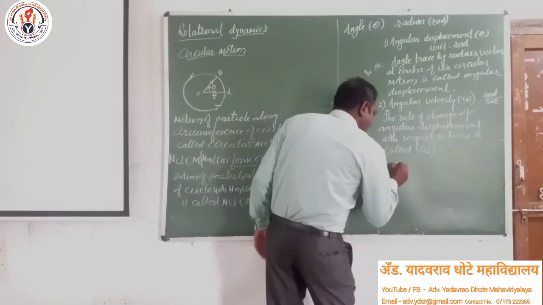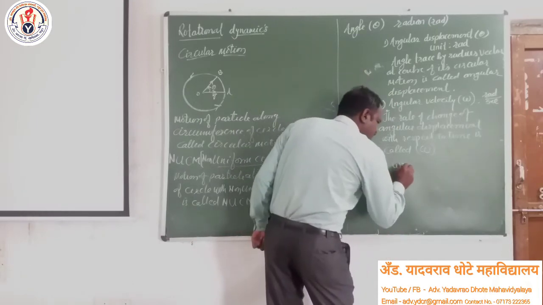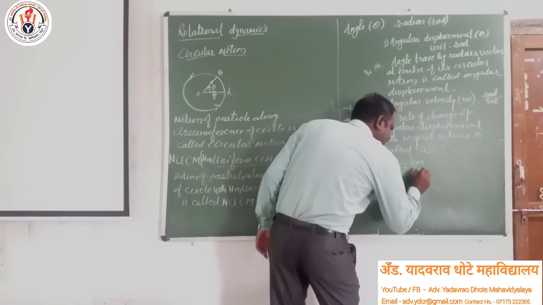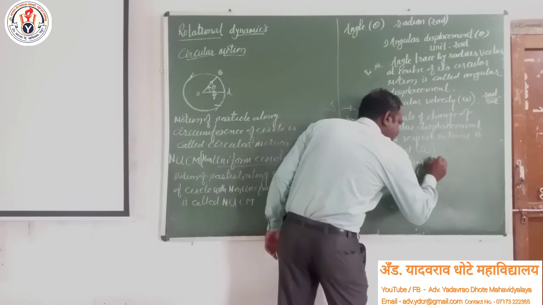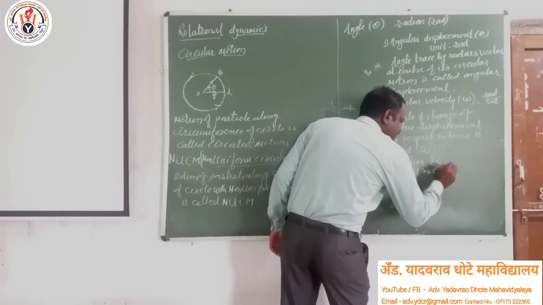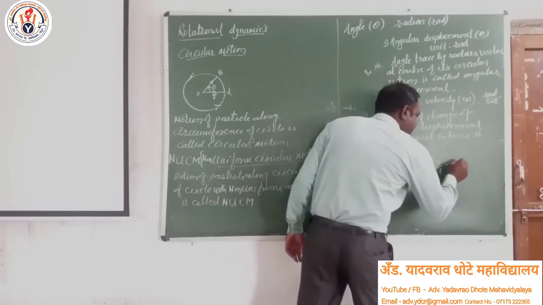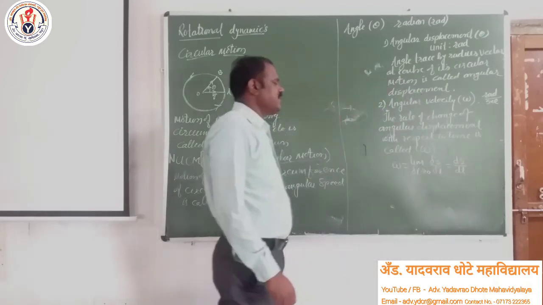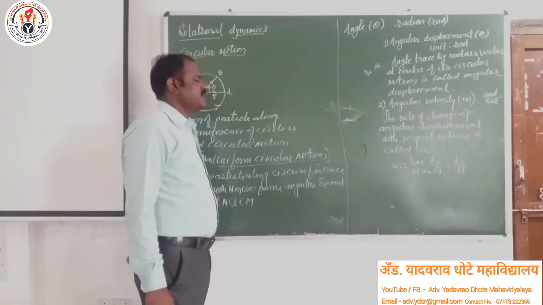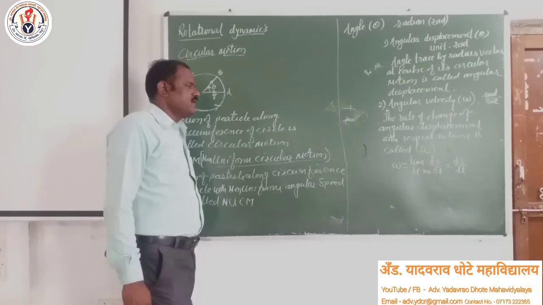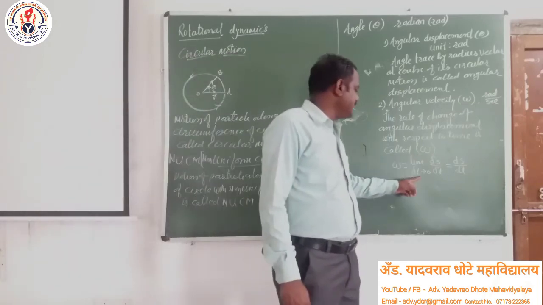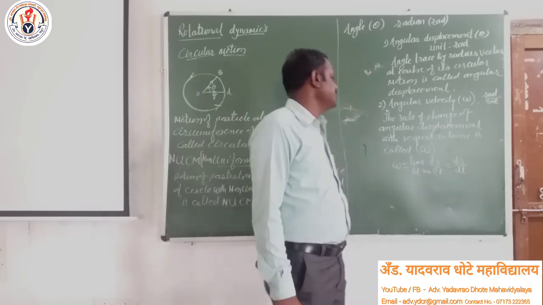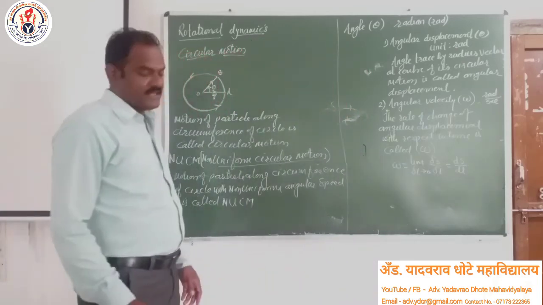Angular velocity is denoted by the limit delta t tends to 0, delta s upon delta t, or we say ds by dt. So this is about the angular velocity, that is omega. Omega is equal to limit delta t tends to 0, delta s upon delta t, equal to ds upon dt.